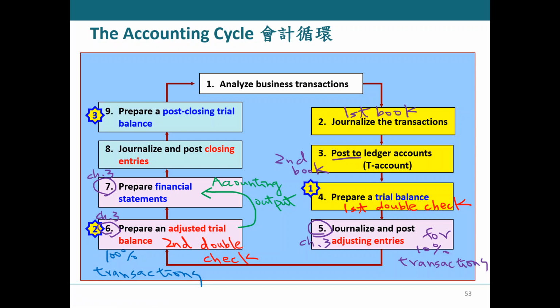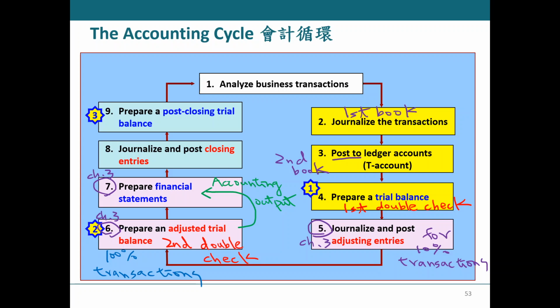Okay? So after we've done our only one accounting output, since we got our output already, in chapter 4 we need to do the last step. What's the last step? After you've done everything, you close your book. So the last step is closing your book. How to close the book? Use closing entries, right?